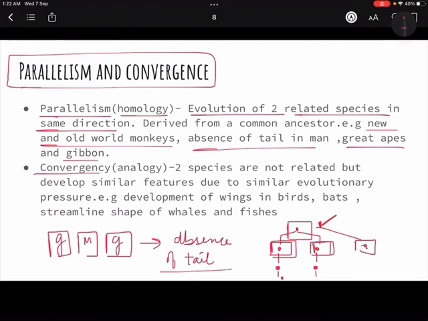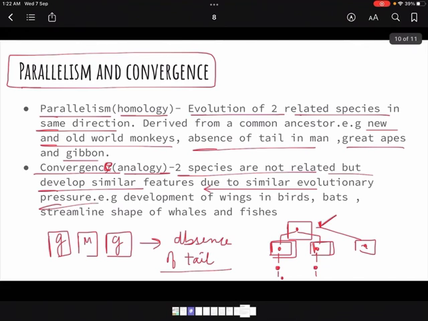Next is convergence. Convergence, that is analogy. Now here two species are not related but develop a similar feature due to similar evolutionary pressure. Now what is it trying to say? This was parallelism, that they had the same ancestor.